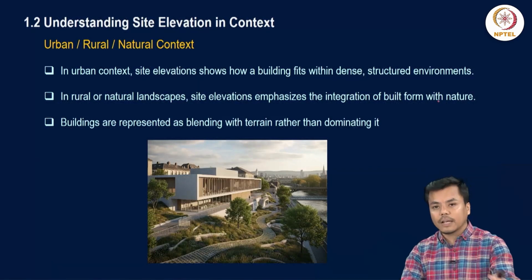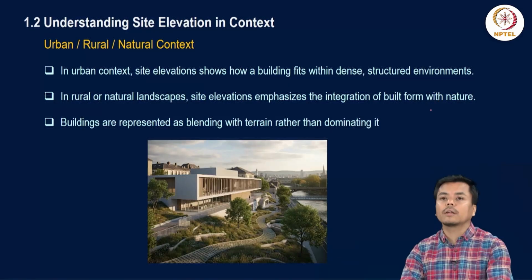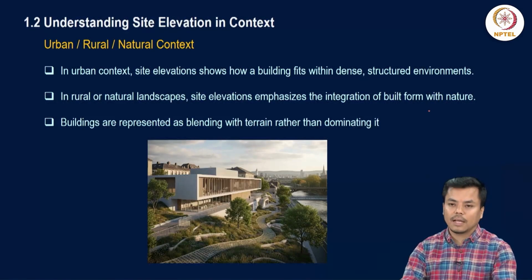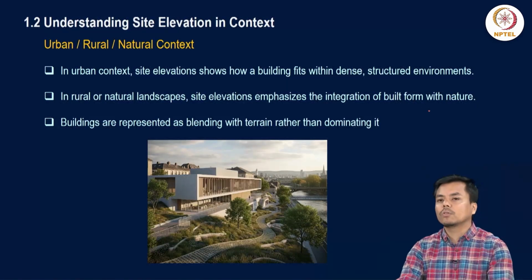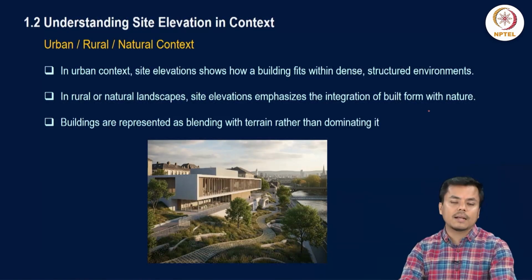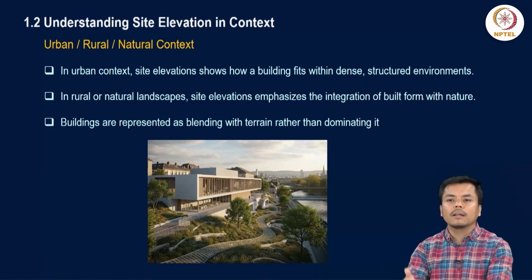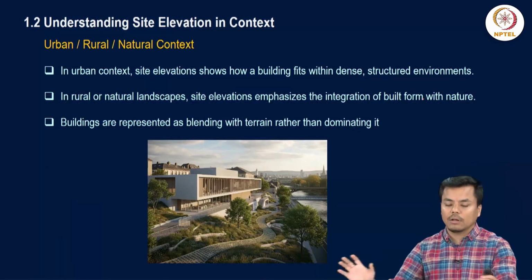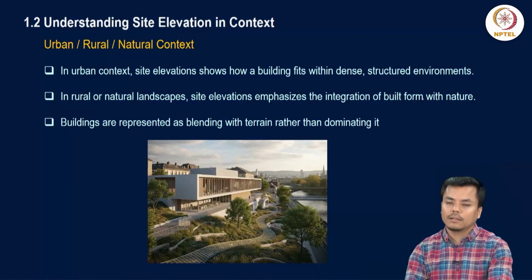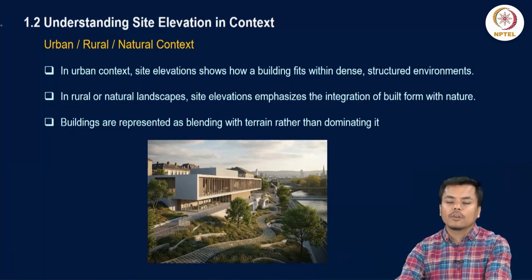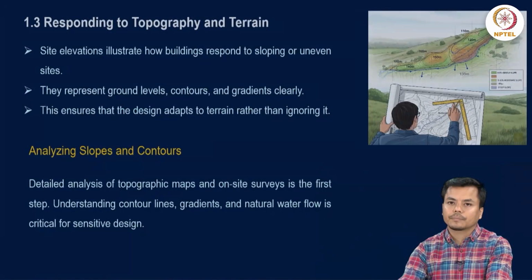Whether it is in accordance with its surroundings or not can be very well judged through the site elevation and site section, because with the help of elevation you can understand the context very clearly, as it is in respect to the scale of the floor plan, and site elevation is generally in the same scale as you show the site plan. So possibly there you can understand the context more clearly.